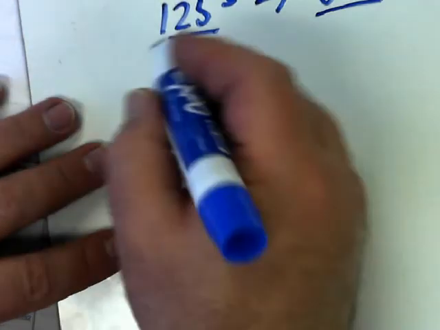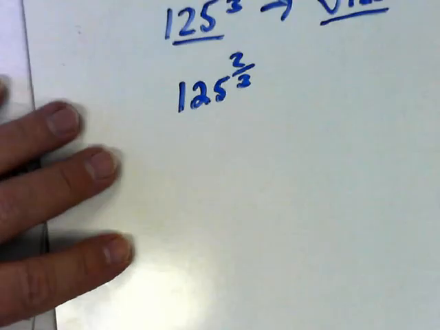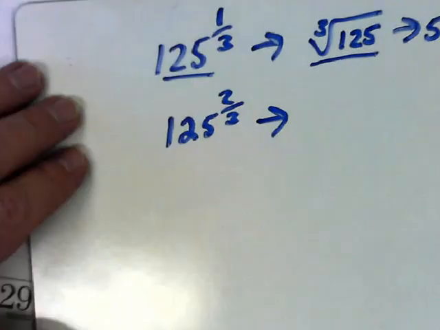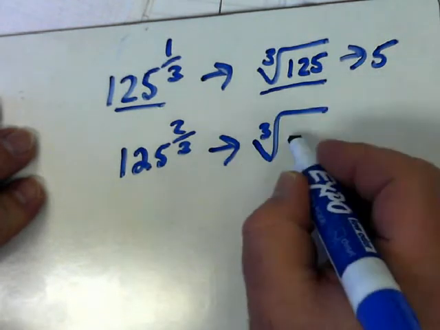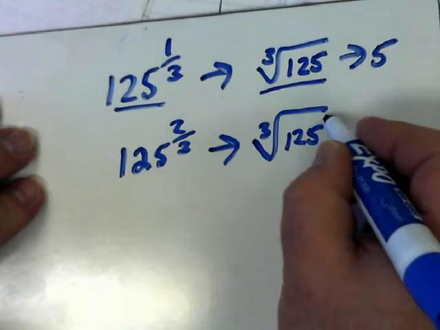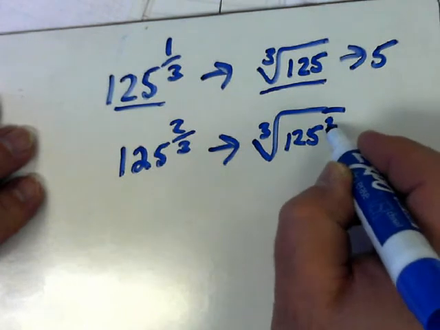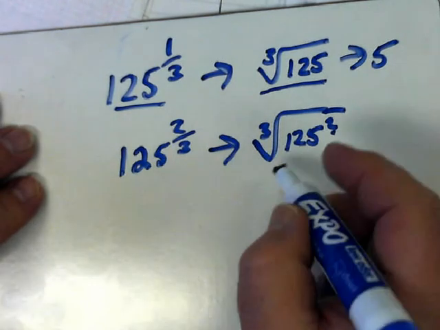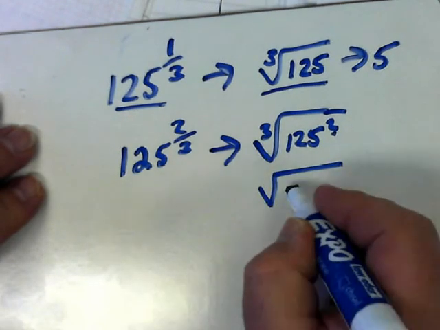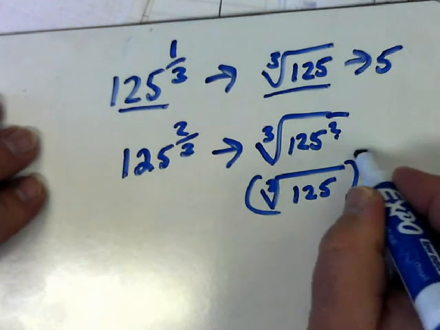What if, though, I wrote 125 to the 2/3? Well, I could rewrite that as the cube root of 125 to the 2nd power. Or I can take this 2nd power, instead of putting it inside the radical, and write it as the cube root of 125, squared.